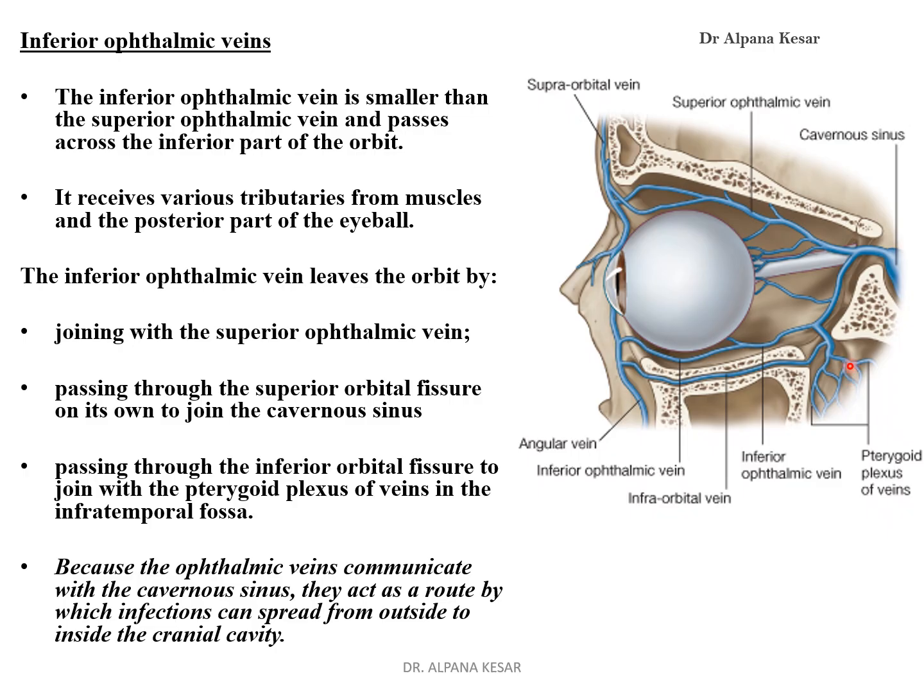Because the ophthalmic veins communicate with the cavernous sinus, they may act as a route by which infections from the outside may reach inside the cranial cavity.